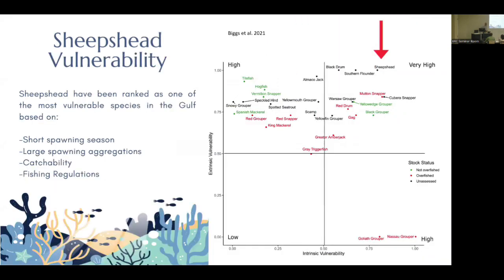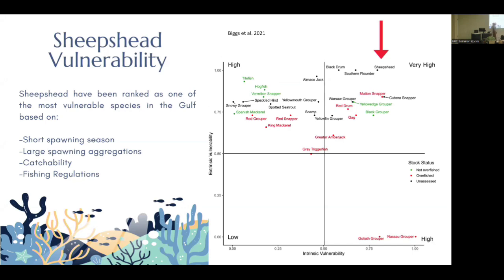So more recently, this study came out assessing the vulnerability of a bunch of species in the Gulf of Mexico. They looked at 28 species overall, and they ranked them on intrinsic vulnerability, which is related to life history. So species over here on this side are the ones that form spawning aggregations, have a tighter spawning window, and so they're more highly vulnerable compared to these species that form less dense schools when they spawn.